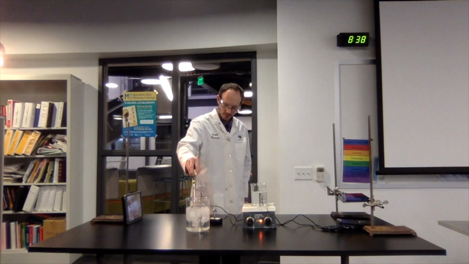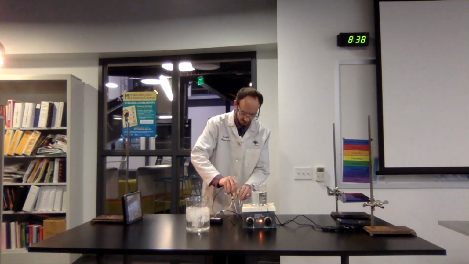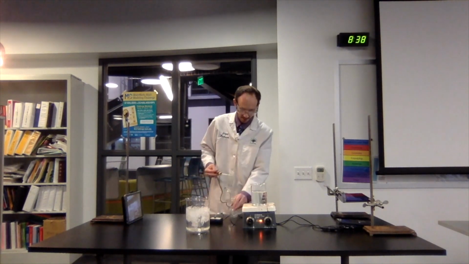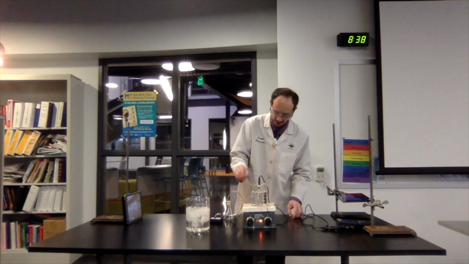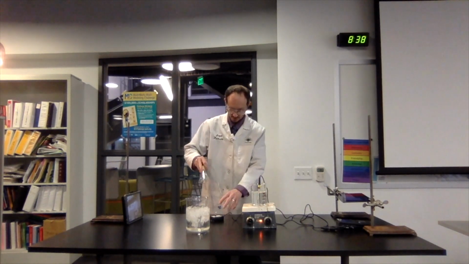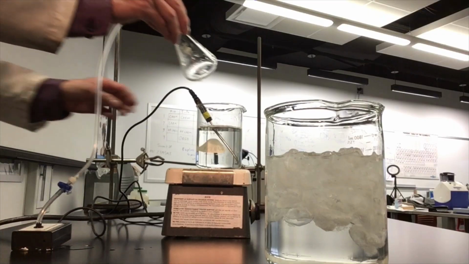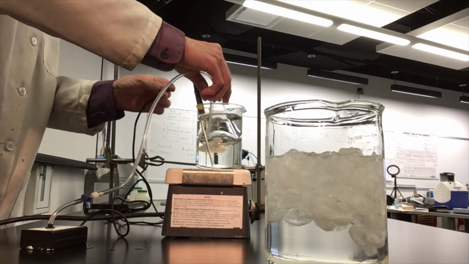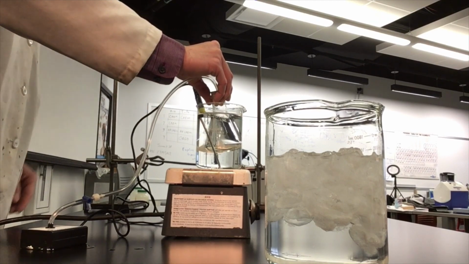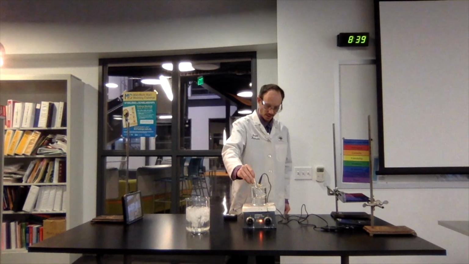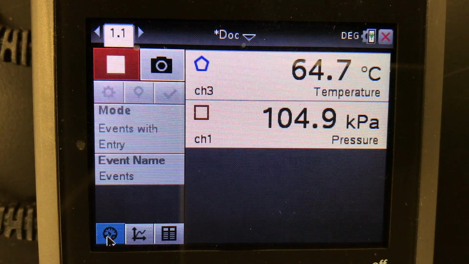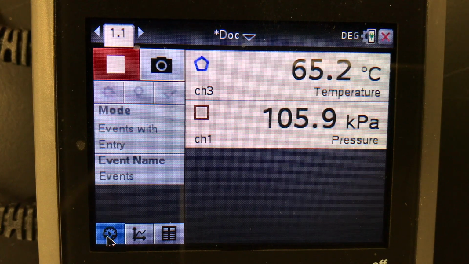So I'm going to pull these out, and now I'm going to put the temperature probe in the hot water bath, and we'll stick this in here as well. And I'm going to hold this on to the top just in case. I'm going to wait until we're at a nice steady state again, just like with the other one.